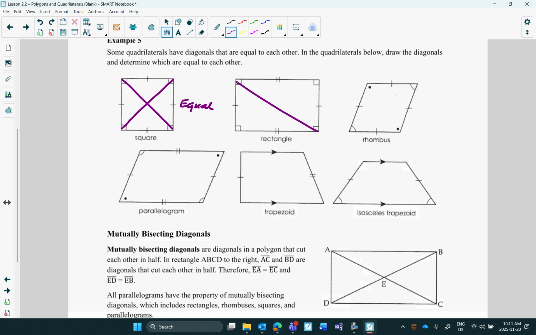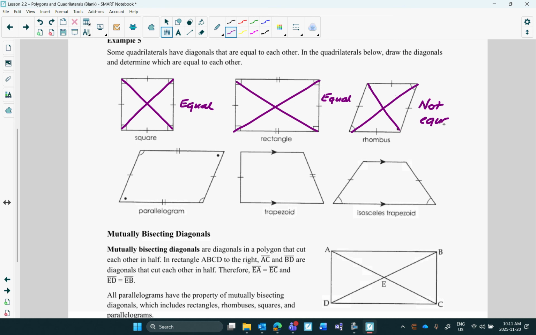Rectangle. Yes, again. Rhombus? Look at the diagonals. Do they look the same? No. Right, not equal.